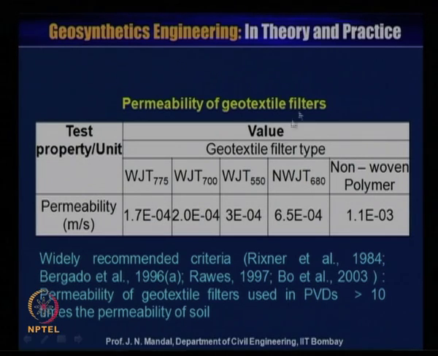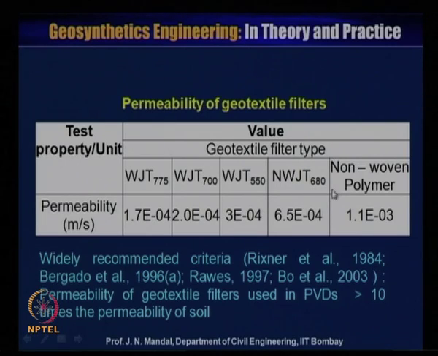Now, permeability of the geotextile filter. This permeability value for WJT 775 is 1.7 into 10 to the power minus 4 meter per second. WJT 700 geotextile filter is 2.0 into 10 to the power minus 4 meter per second, and WJT 550 is 3 into 10 to the power minus 4 meter per second.